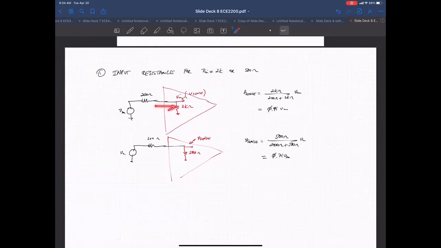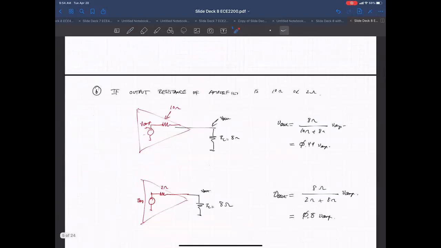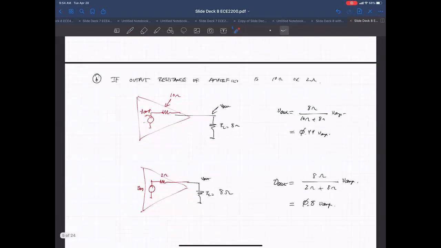So high input resistance is good, low output resistance is good. You'll lose less of your signal that way. By the way, as a general note, you'll hear a lot, and you'll hear me also say it, I talk about input impedance and output impedance. This is just for your interest. I don't want to confuse you.